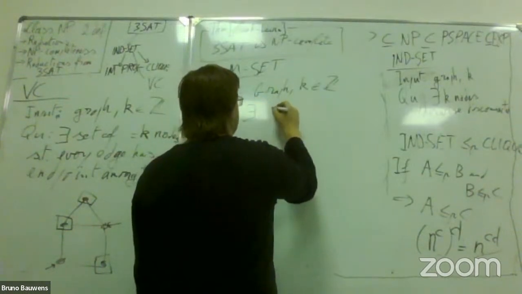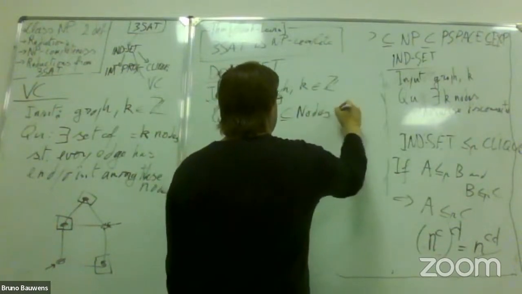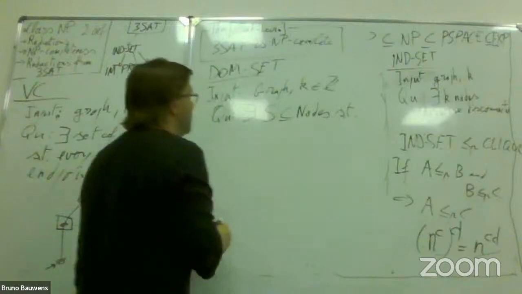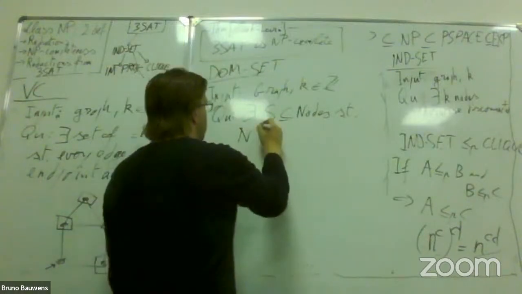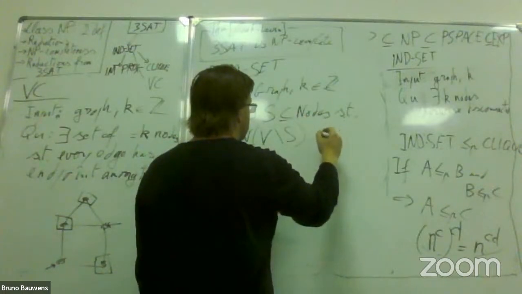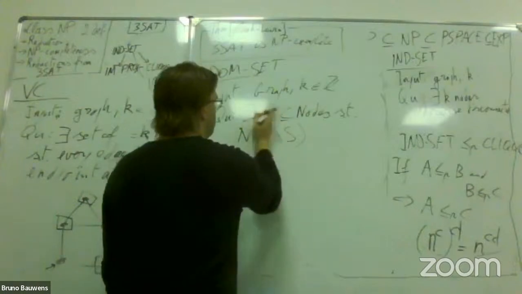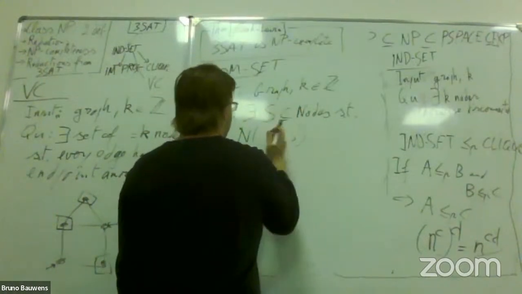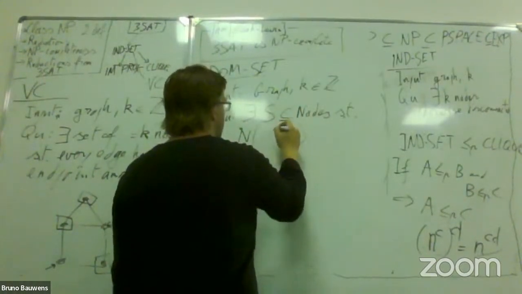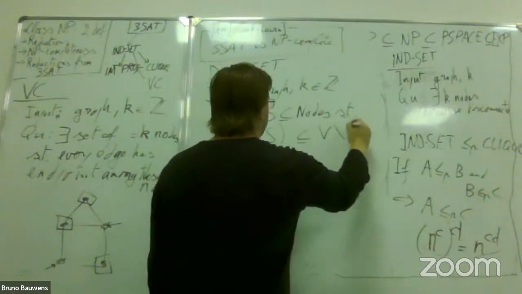Does there exist a set S of nodes such that the neighborhood of S is all the nodes minus S?